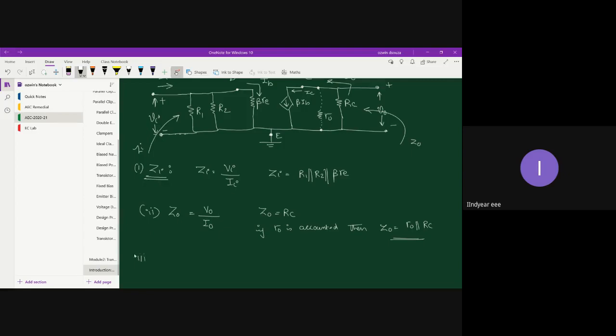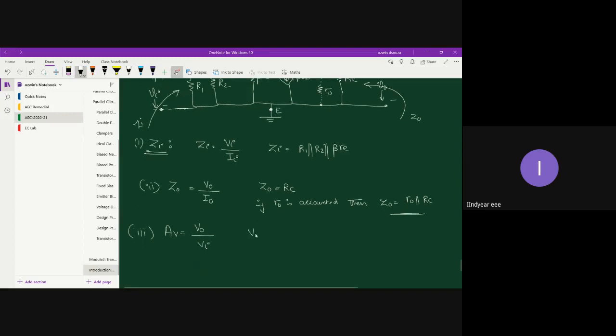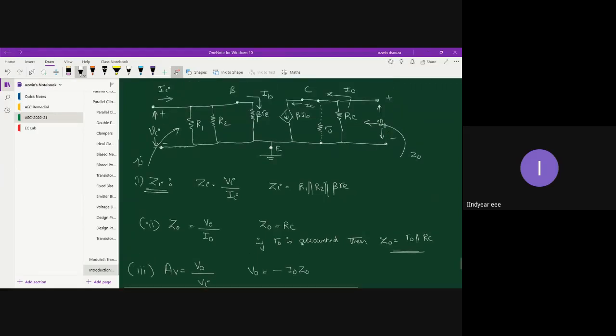Moving forward, let's take up the voltage gain, Av. What is voltage gain? By definition, voltage gain is the ratio of output voltage to input voltage. So what do we have for output voltage? Output voltage is negative I0 into Z0. I think I have told you why I'm putting this negative sign.